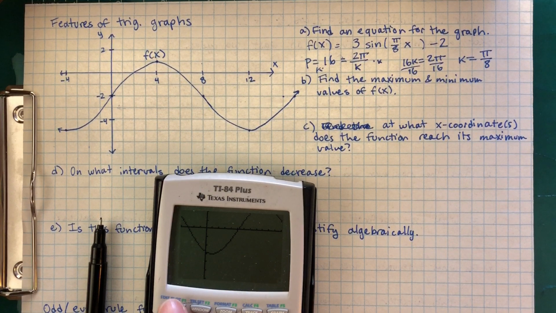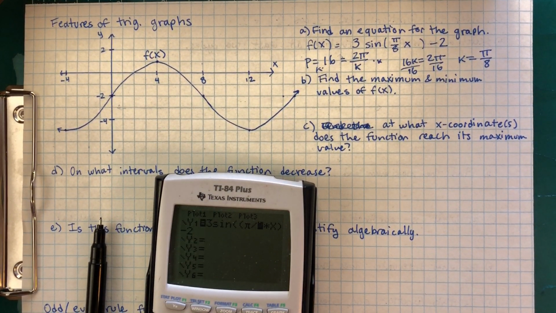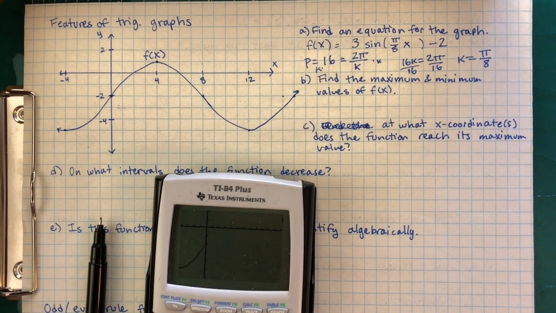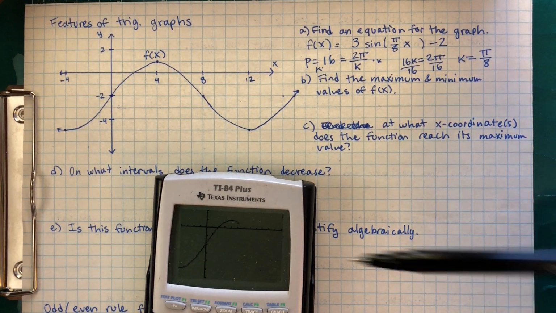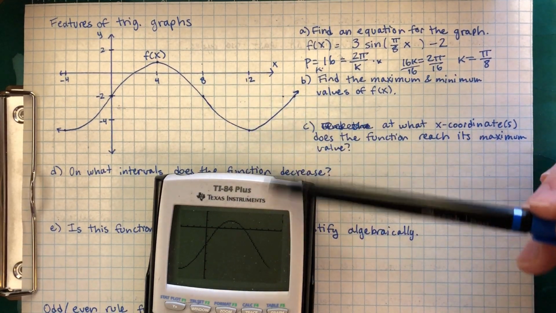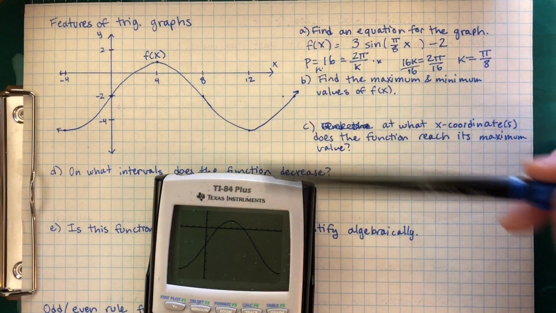What happened here? Oh, I think I see what happened. I messed up the parentheses here, and I need to delete this extra parentheses. All right. That should fix it. There we go. Okay, so this equation does indeed match this graph.